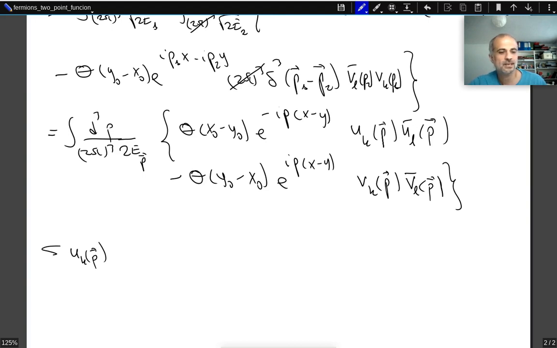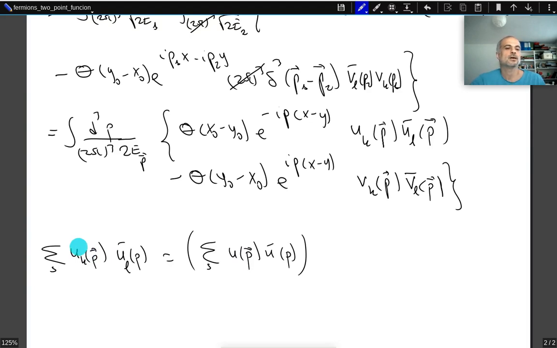Keep in mind that I still have a summation over the spins. u_k(p) ū_l(p) summed over spins is actually u(p) ū(p). Note that I take the k element of u and the l element of ū, so this is just a number, but here I multiply the column matrix u with the row matrix ū. So this whole expression is a 4 by 4 matrix, and I'm just taking the kl component of this 4 by 4 matrix.